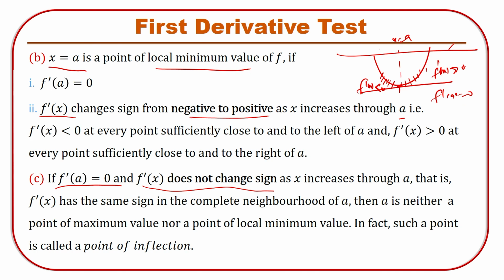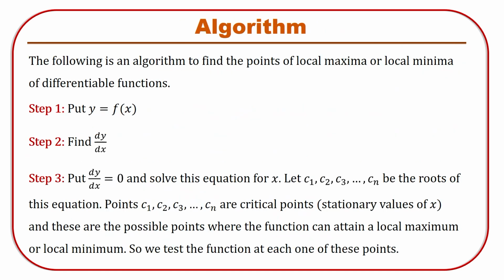But in the third case, where f dash of a equals 0 and f dash of x does not change sign as x increases through a, that is, f dash has the same sign throughout the complete neighborhood of a, then a is neither a point of local minimum nor a point of local maximum. In such a case, the point is called a point of inflection.